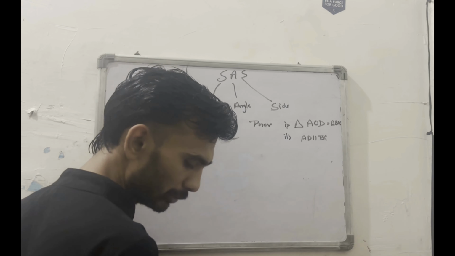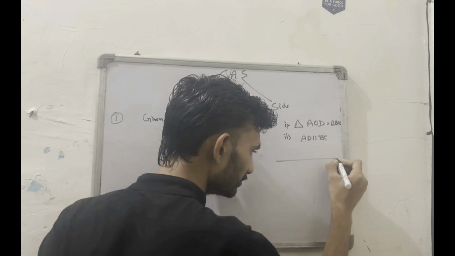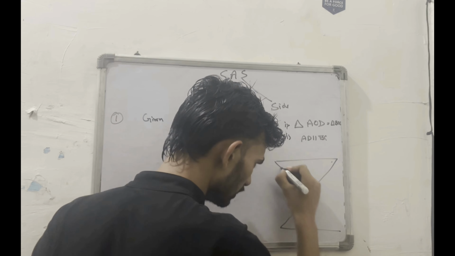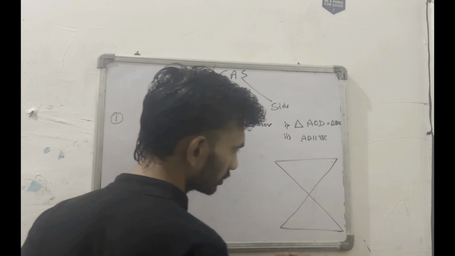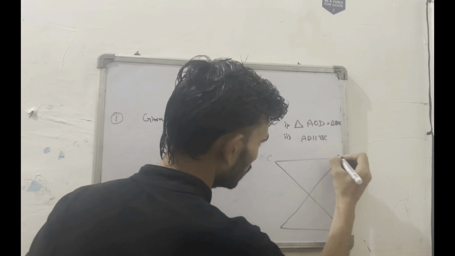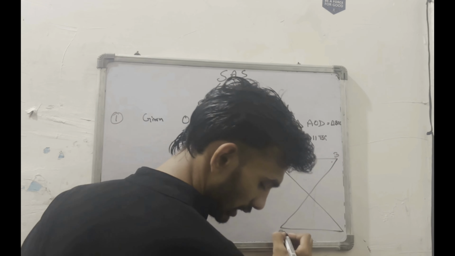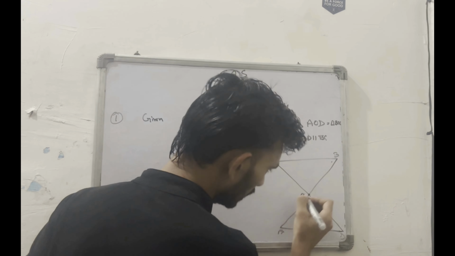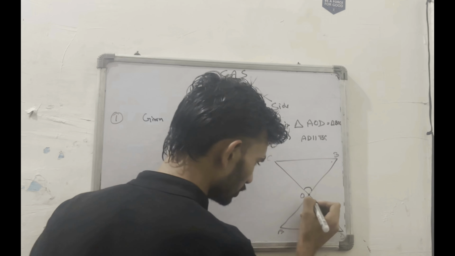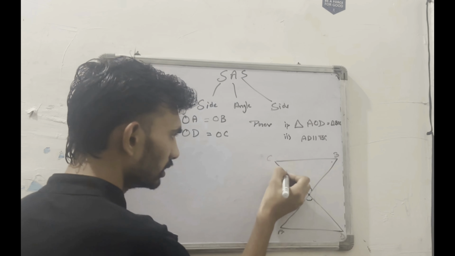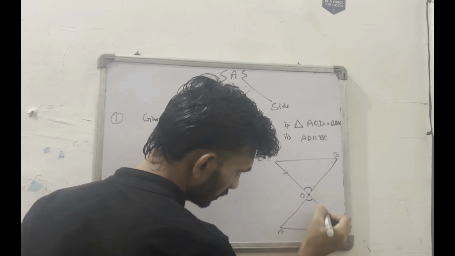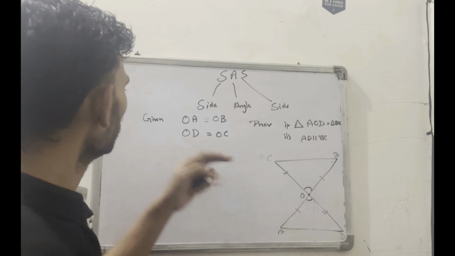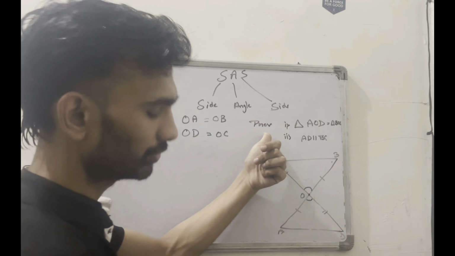Okay, and the diagram looks like that. Let's label it C, B, A, D, and that point is your O. Here is an angle and here is also an angle. Okay, the diagram, the given condition, and the things we have to prove.